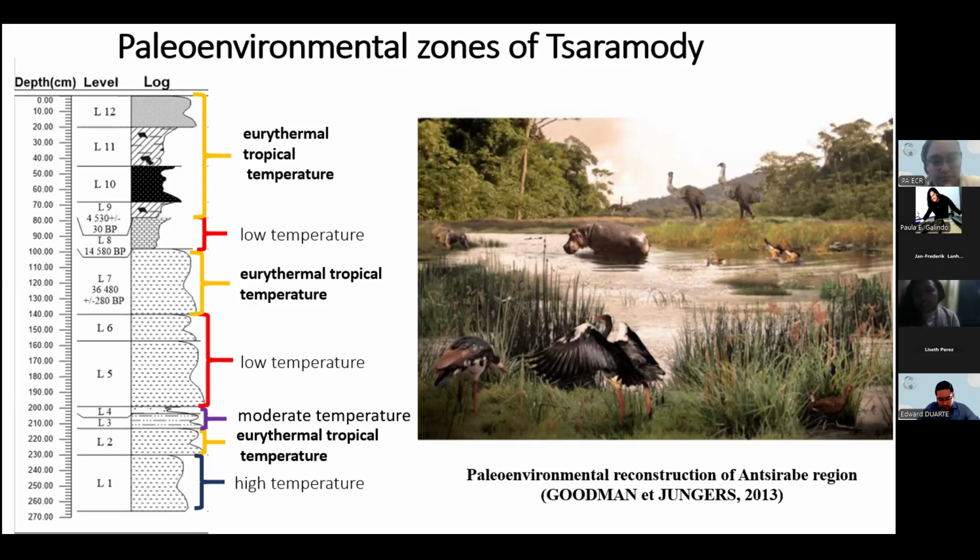So we see here the environmental reconstruction surrounding this site during the Quaternary period.